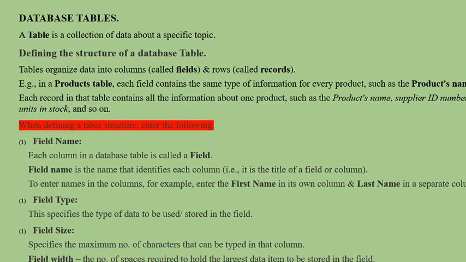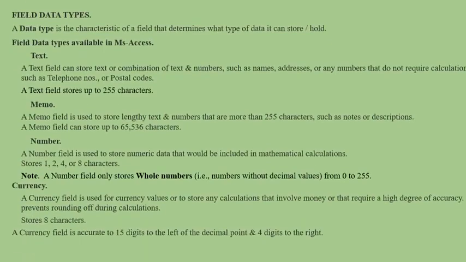These are very important points when creating a table. Each column in a database table is called a field. Field name is the name that identifies each column, for example, first name, last name. Then field type specifies the type of data to be used. Field size specifies the maximum number of characters that can be allowed.